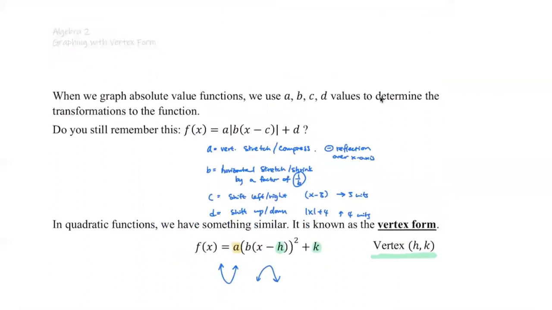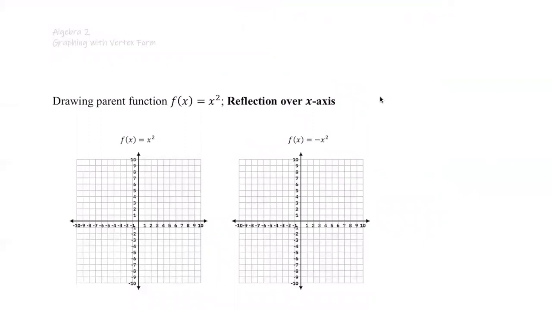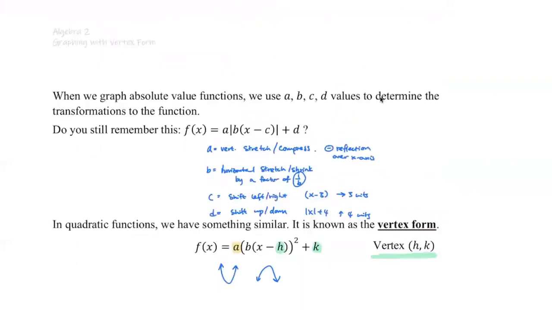So in the next video, we will start graphing some quadratic equations from the parent functions first, and then we'll do some transformations. It's going to be so much easier if you still retain the stuff that we had back in the absolute value unit. Okay, so I'll click to the next video to begin graphing.